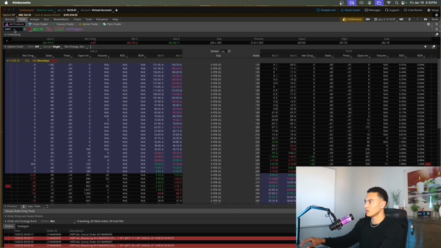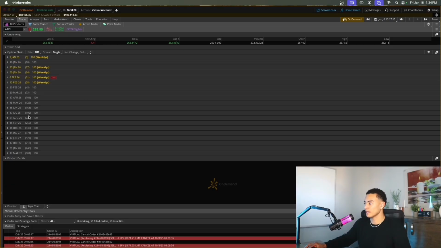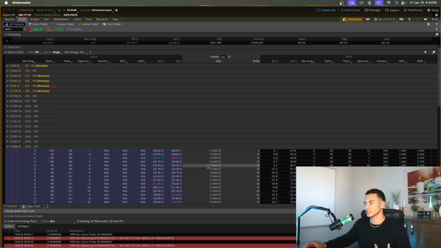Okay. So if we look at these options, we can see that the open interest is 800 and then the volume is 1. That's relatively low. I like having open interest that's higher because the bid ask spread is going to be smaller. If I come out further, the bid ask spread is going to be larger because the option contracts cost more.